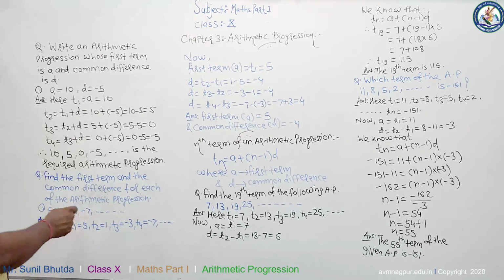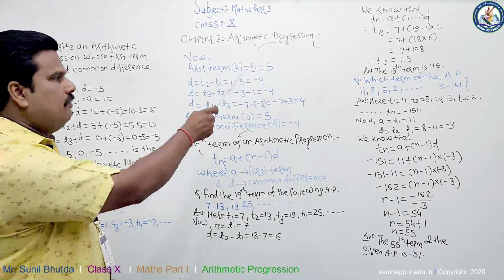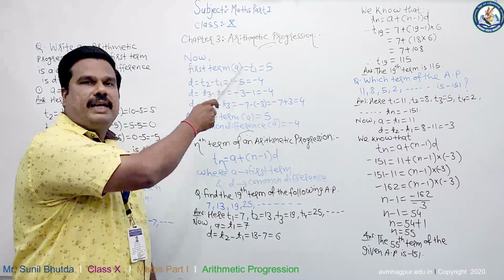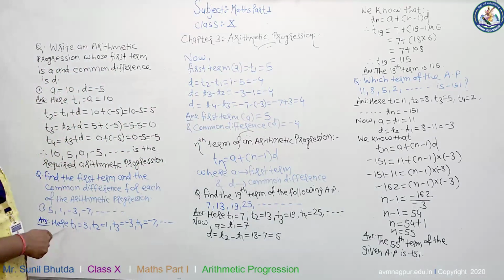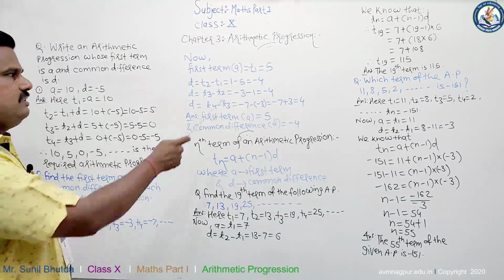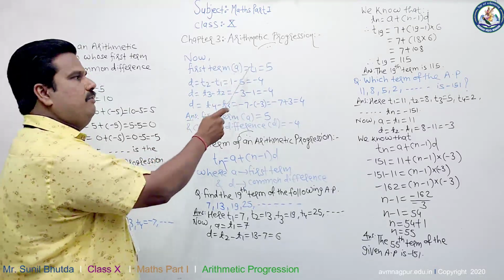What we have to write down? The first term and the common difference. The first term is small a, and small a is equal to T1. T1 is 5. Therefore, the first term will be 5.